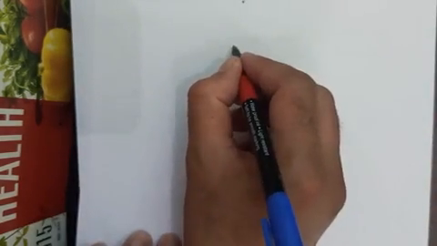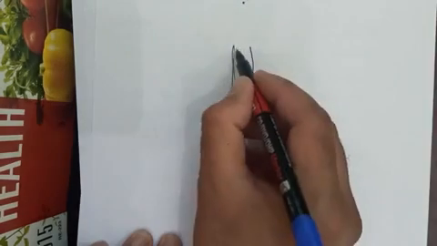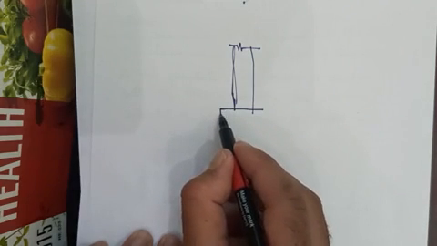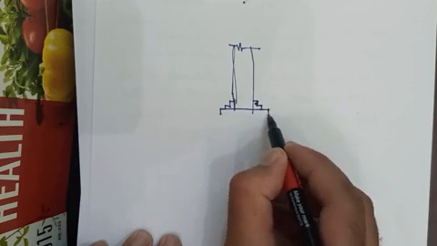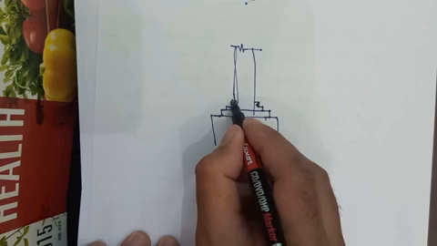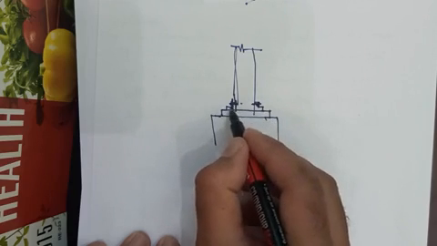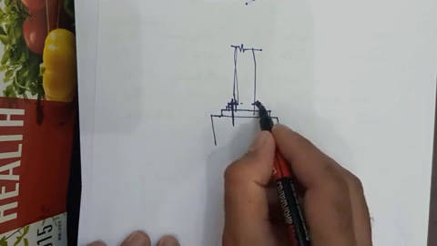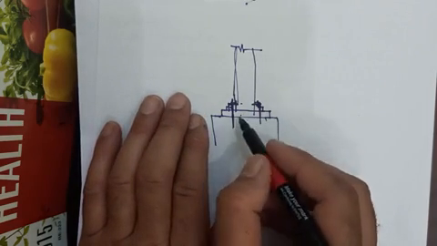For example, we have a column and it is connected to the base plate, and these are the connections between the angles at the base, and these are the connections between the base plate and the column.